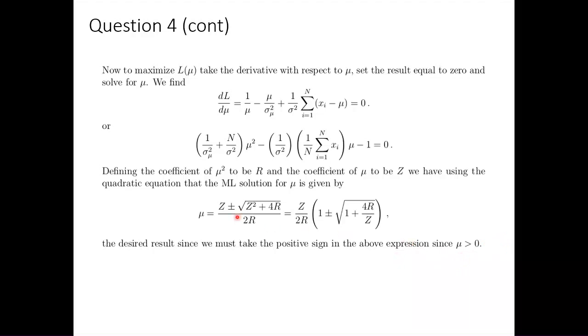So therefore, we got this result just after a few simple steps of regular algebra. It's just ax squared plus bx plus c, right? And then you find the x, in this case mu. That's high school algebra, right?